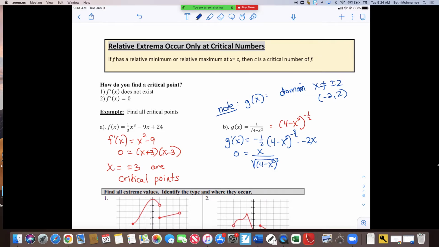Okay? So where is this derivative equal to 0? Well, that'll be at x is 0. That's where g prime of x is 0. And it's undefined at plus or minus 2.